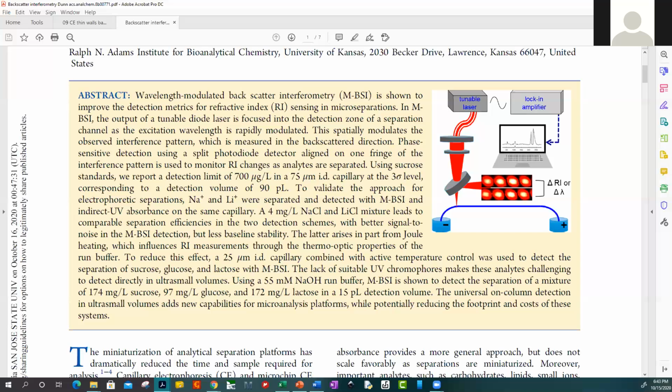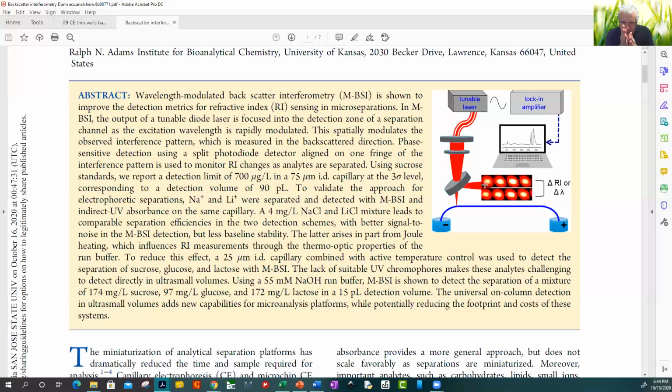Does that make sense? A little bit more, yeah. Okay. It's a little hard to get it all right. But because of the way the light interacts in the capillary here, the reflection encodes the refractive index of the stuff going through the capillary. And this reflection has a sensitive kind of quality to it, right?